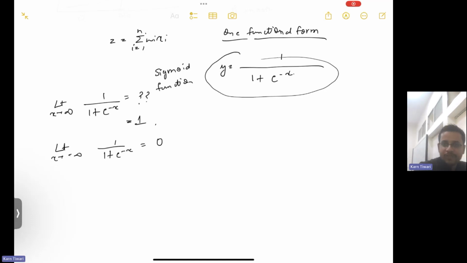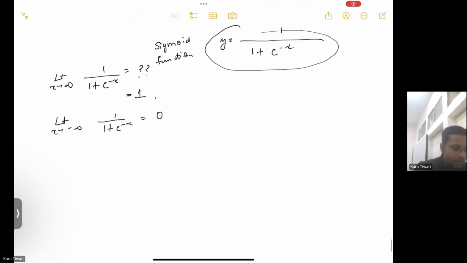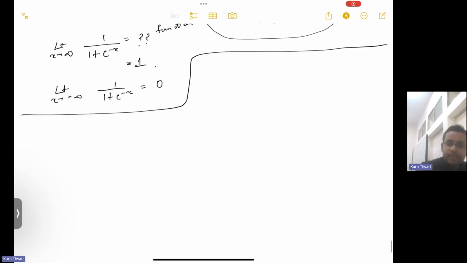So this function is well defined over the range. Over minus infinity to infinity, the values taken by this function are between 0 and 1. That's what we wanted. Okay, that was the main goal, and somehow we are able to accomplish it with this type of function. Now how do we take a decision based on this?